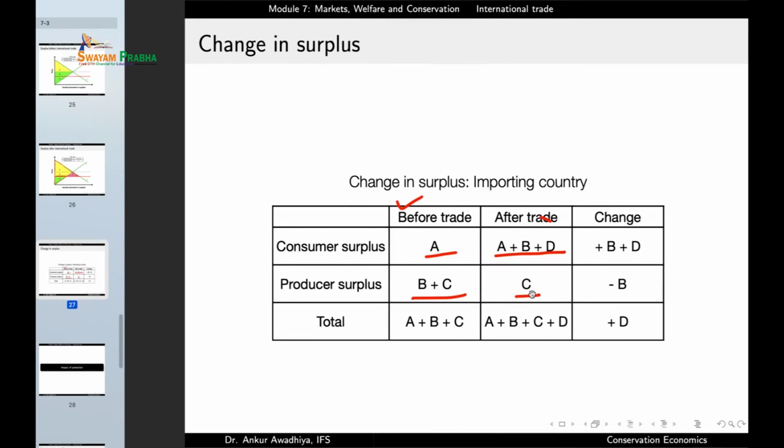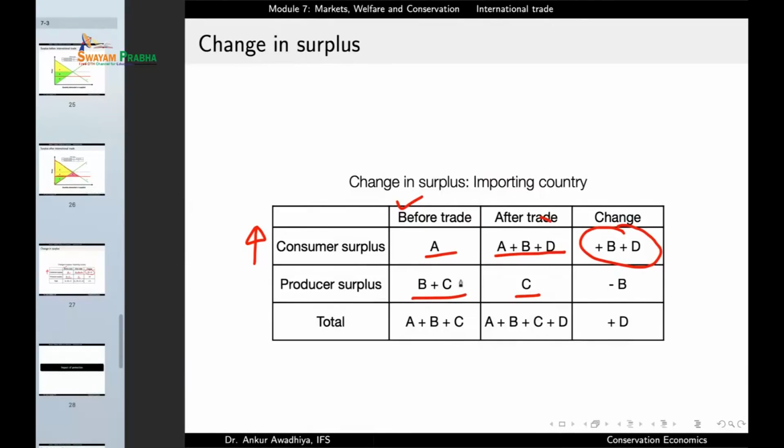Now, you can observe that before trade, consumer surplus was less. After the trade, the consumer surplus is increased, and the change is plus B plus D, which means that for the importing country, the consumer surplus increases, because the consumers are now able to get the products at a reduced price.